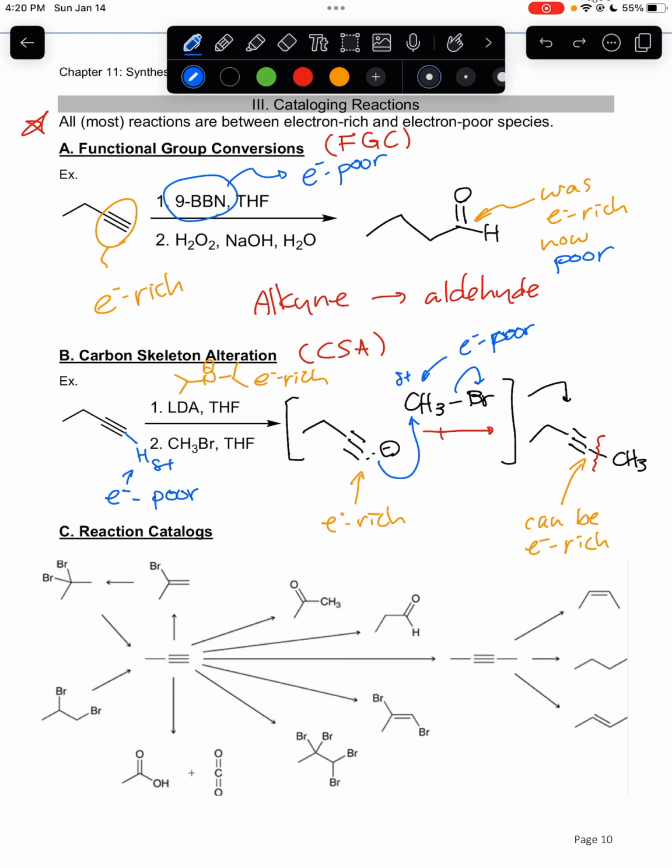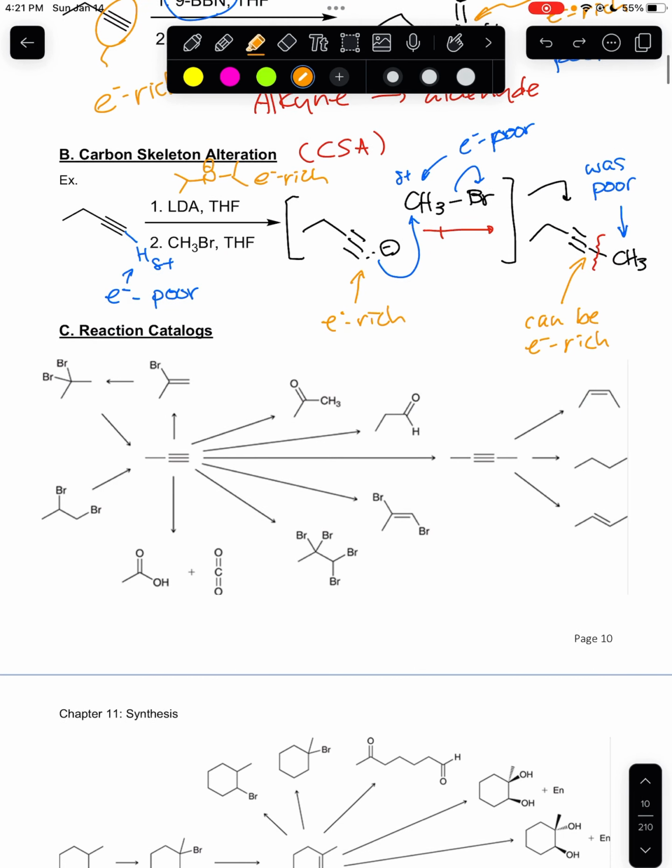And if you paid attention in OChem 1, you might know how to make this methyl group a good electron-poor species by making it part of something like a methyl halide. So if you know that these two carbons can be electron poor and electron rich, then those two can come together like in the SN2 reaction we just looked at. So that's in a nutshell the way you want to think about synthesis, okay?